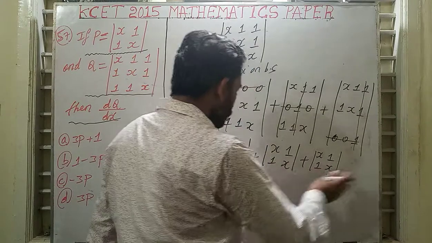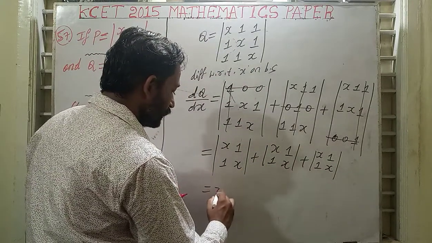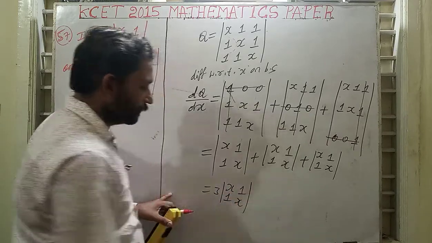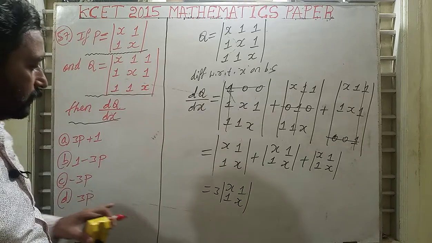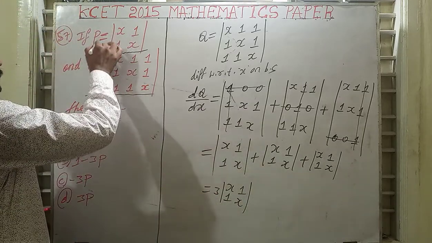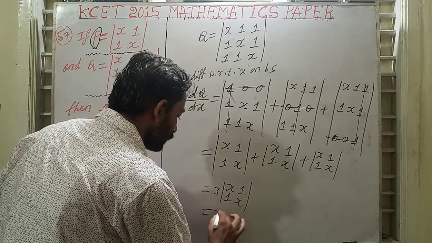So these three determinants are the same, repeated 3 times, so it becomes 3 into the determinant x 1, 1 x. Already given in the question, the determinant of x 1, 1 x is P. Now write down P, this value is P, so it becomes 3 into P.